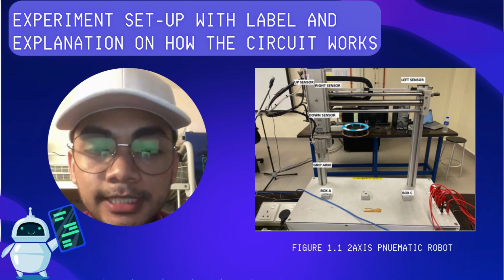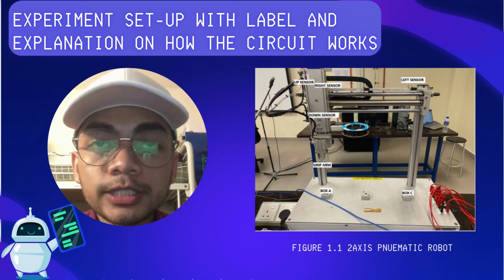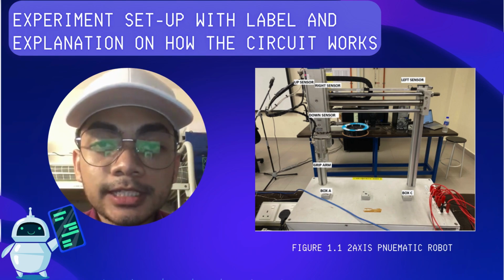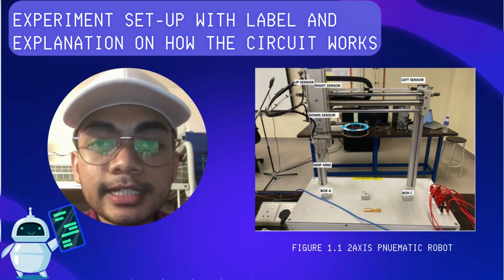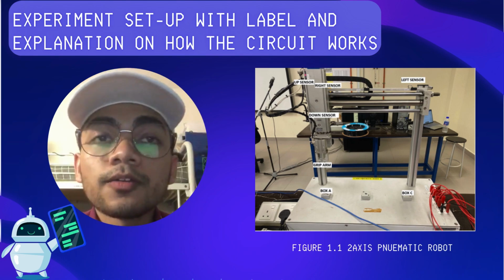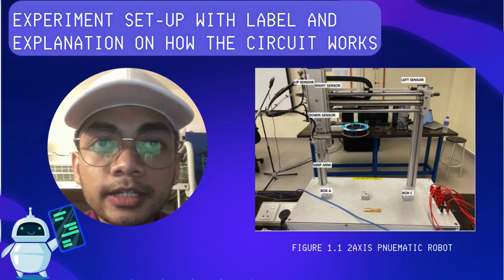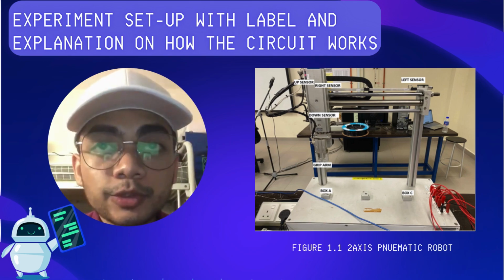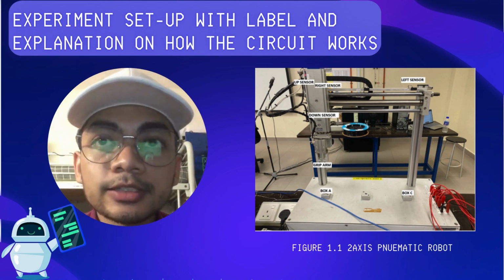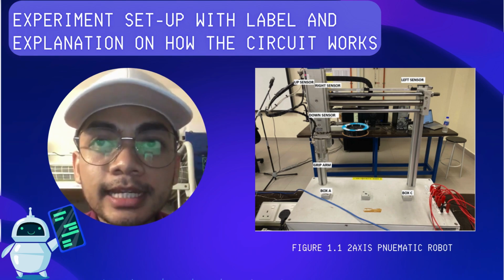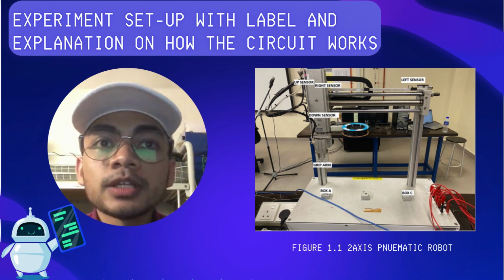The up sensor address is 0003, down sensor is 0004, left sensor is 0002, and lastly the right sensor is 0001. For this project, we have to create a program using CX-Programmer and upload it into the CP1E N20 PLC.